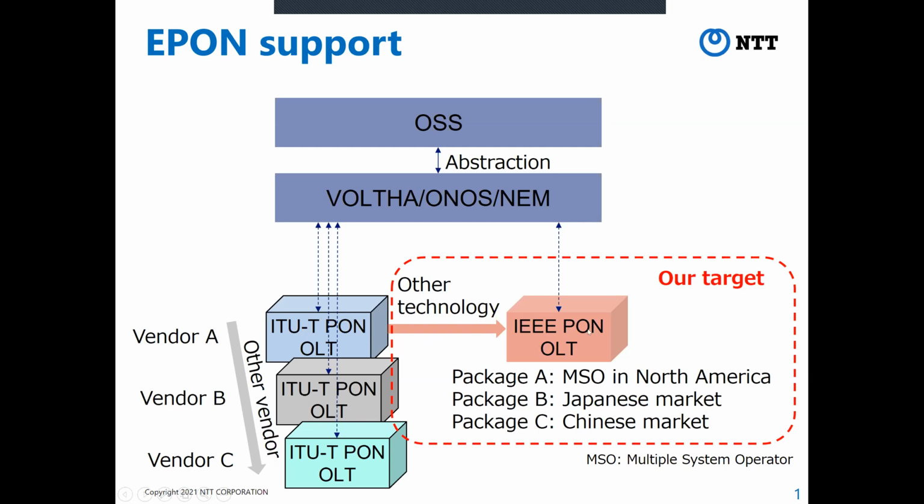Our target is to make vOLTHA compatible with EPON. Specifically, the EPON specification is subdivided into three specifications: Package A for MSO in North America, Package B for the Japanese market, and Package C for the Chinese market. NTT developed Package B functions.